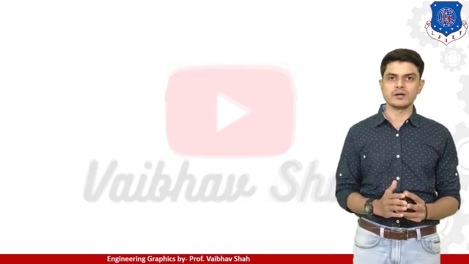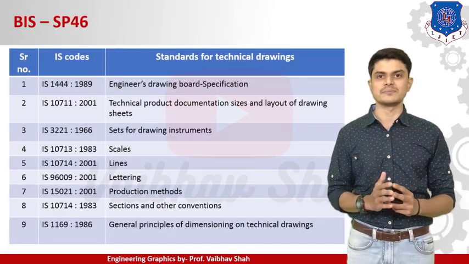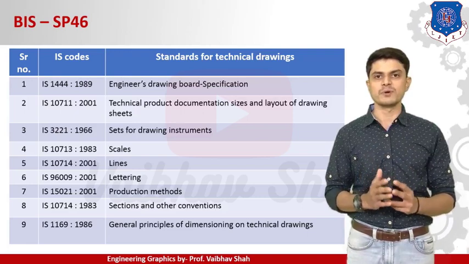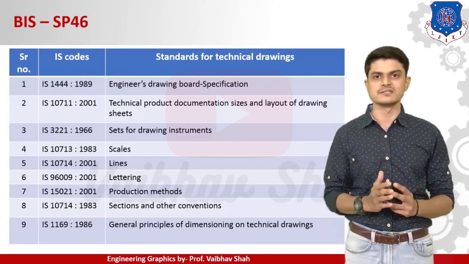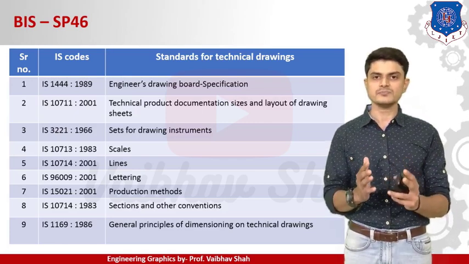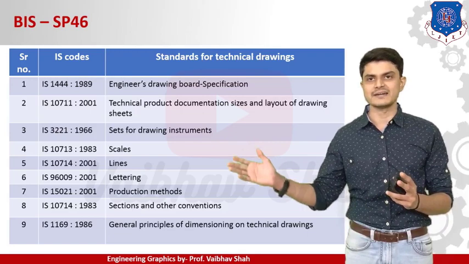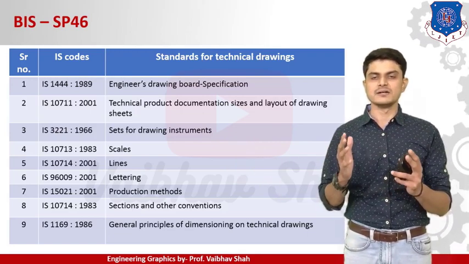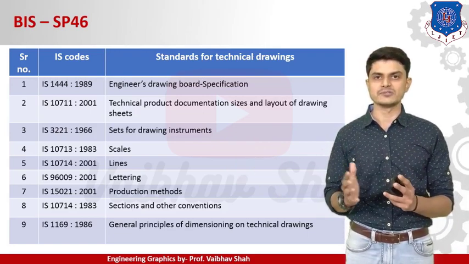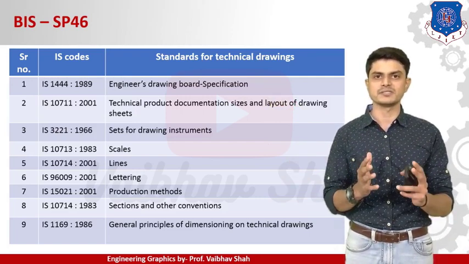Now let us see what is meant by BIS standards. There is one question repeatedly asked in your examination: a brief note about BIS SP 46 standards. These are the BIS Special Publication 46 standards. First we have the IS codes for these standards, and these are standards for technical drawing. These are the various purposes for which we are going to use this standard. You need to remember this table.